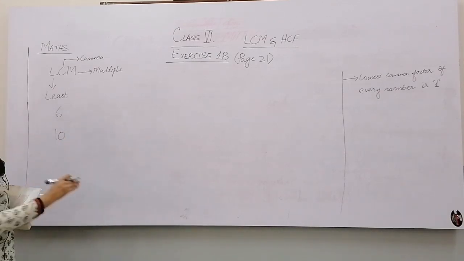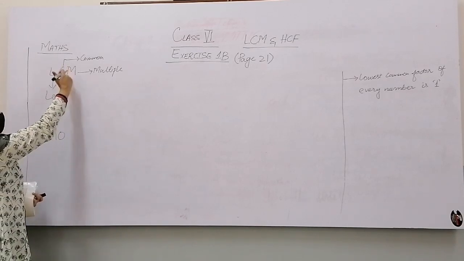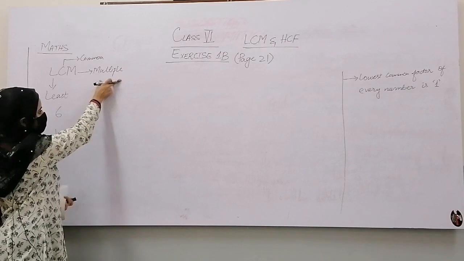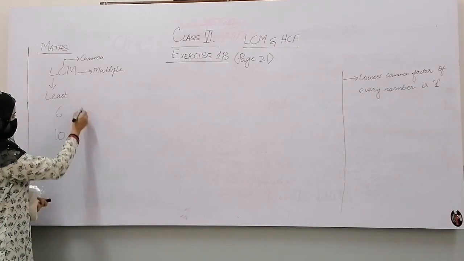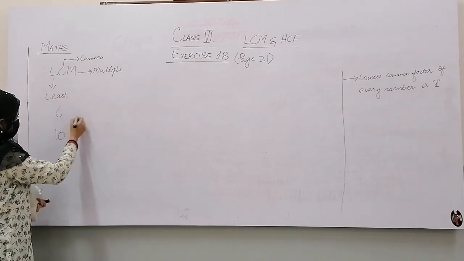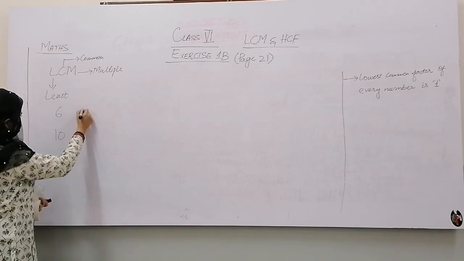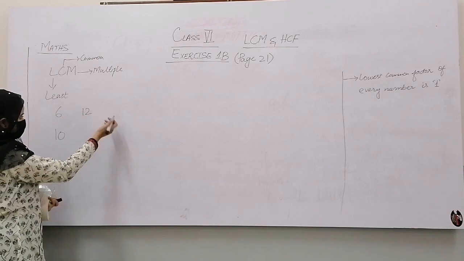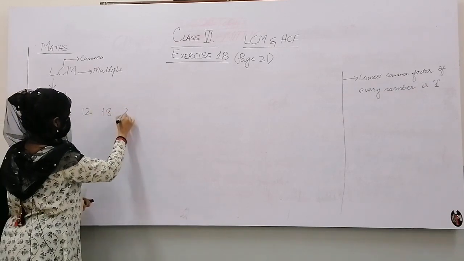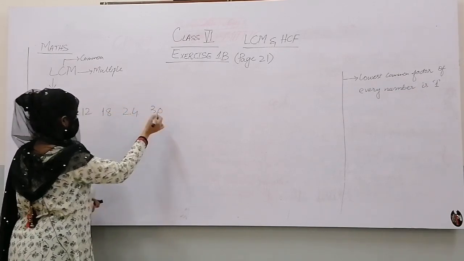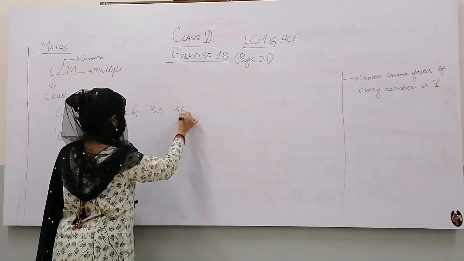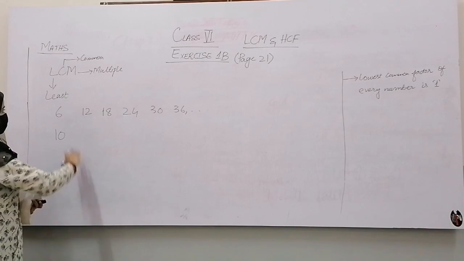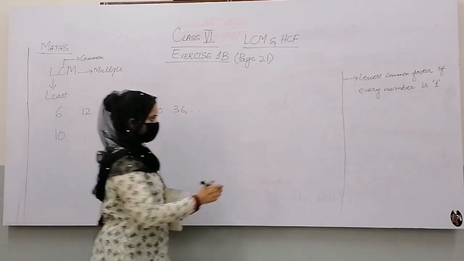We have to find out the least common multiple, that is LCM, of these two numbers. What are multiples? Multiples are the numbers 6 ones are 6, 6 twos are 12. We just have to write down the table of 6. 18, 24, 30, 36 and so on. There are infinitely many multiples of a given number.